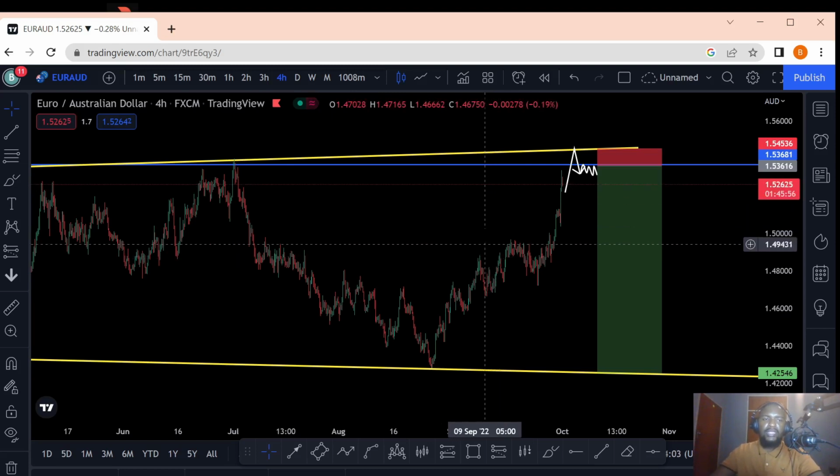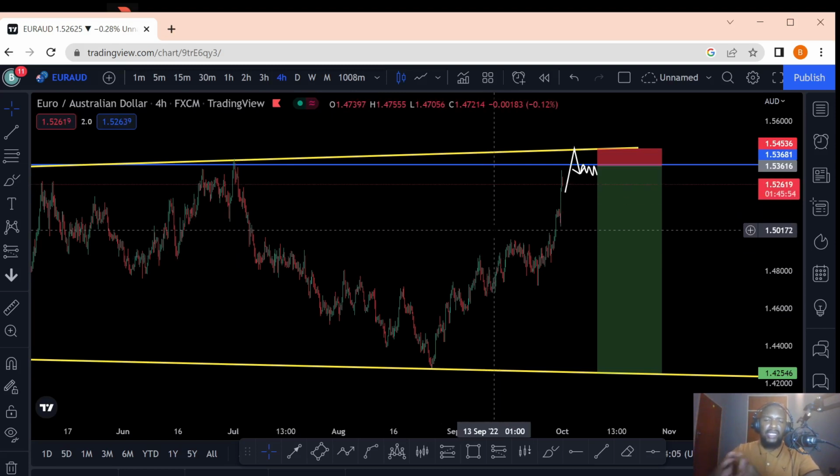Those are the types of movement that you must know about as a trader, and you must identify them and practice them most often, and check and see, if they play out, what do I need to do, right?